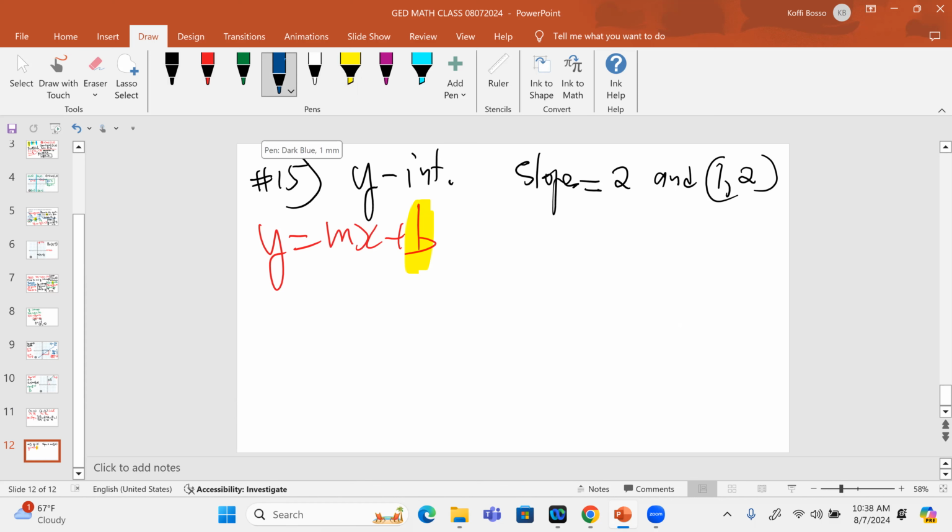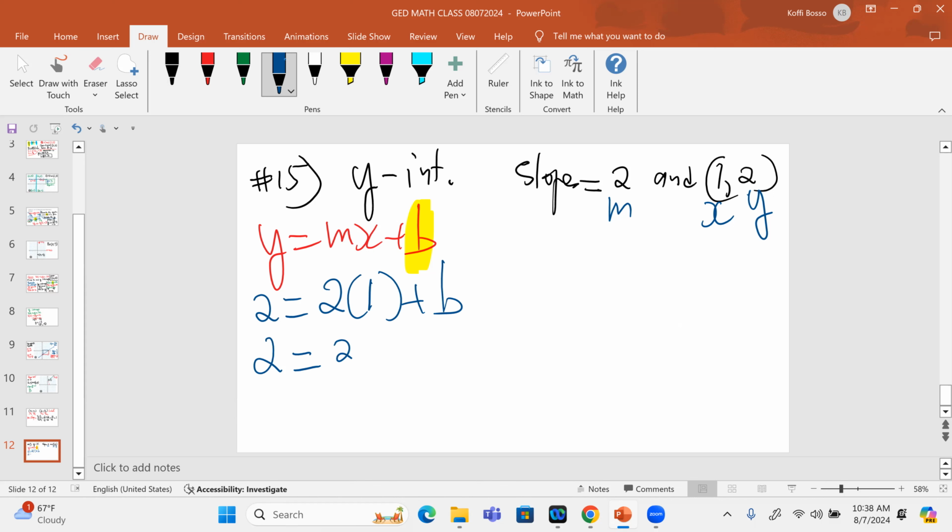Y is 2, because we have a 2 here, we have an x here, we have an m here. So we say 2 is equal to 2 again, and the x value is 1, so it's a multiplication, plus b. So 2 is equal to 2 plus b. Therefore, how do we solve for b?